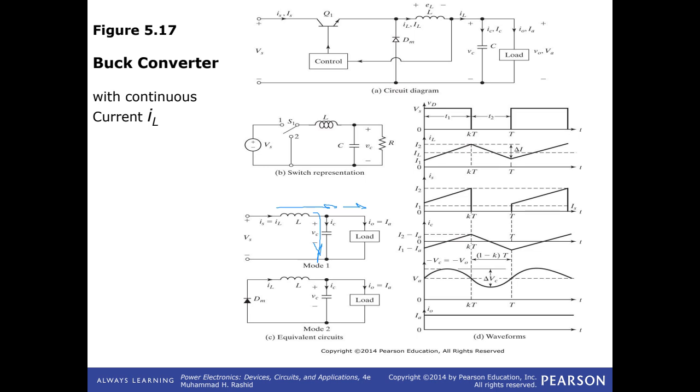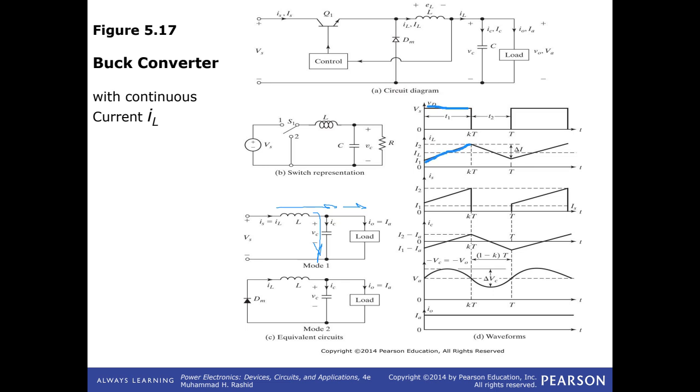Is the switch on? Switch is on. You can see that. It is on. In the meantime, current is going to rise. We are going to see the equations anyway.